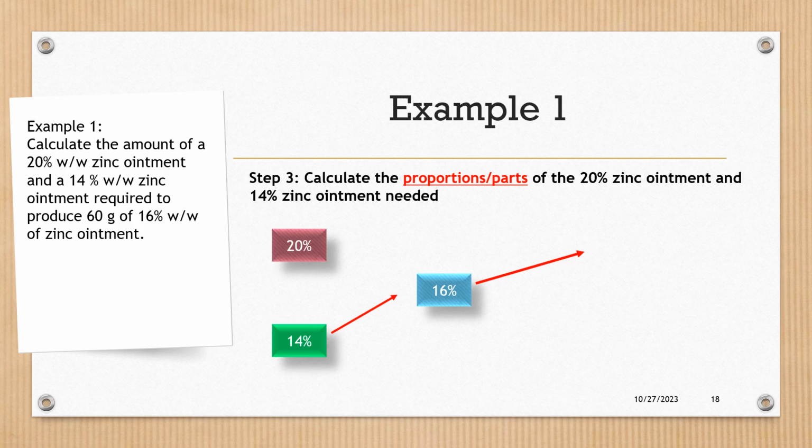Now, we're going to take the difference of the concentration of what we need and the concentration of what we have for both ingredients. So the first thing that we have here is 14%, and once you take the difference of that, you're going to end up with 16 minus 14, and that is 2% or 2 parts.